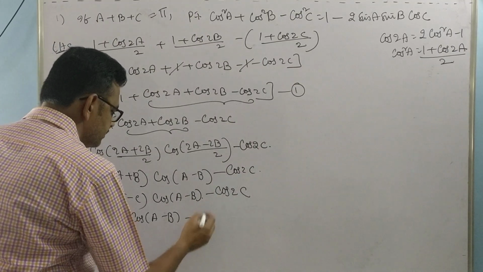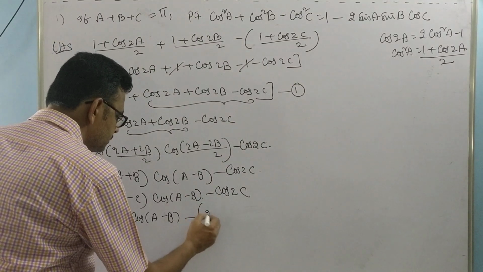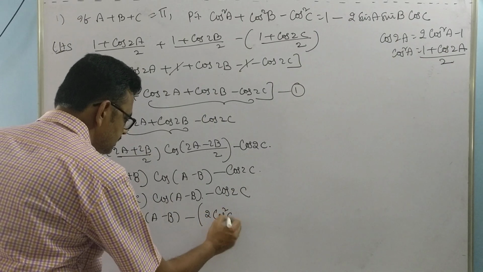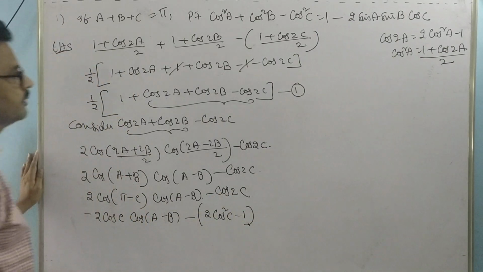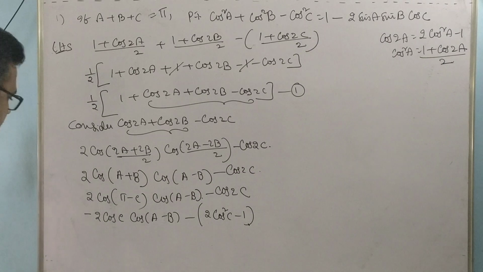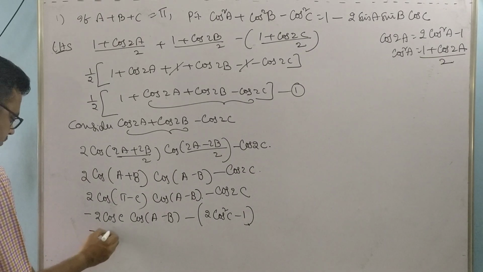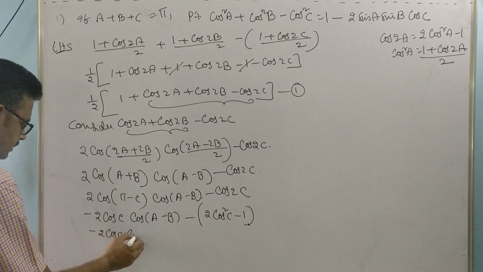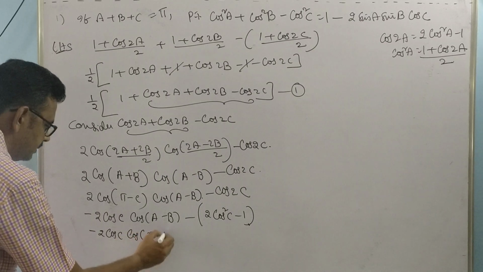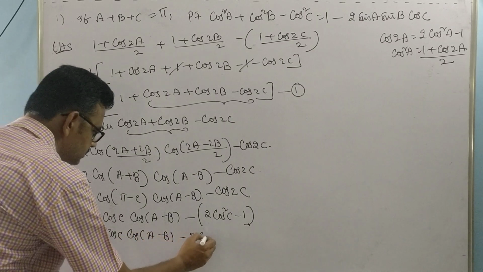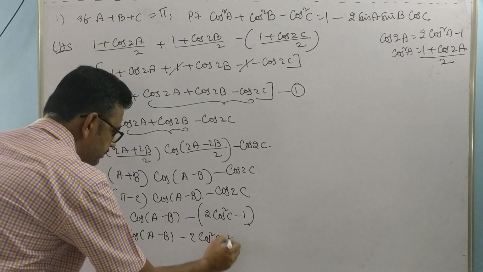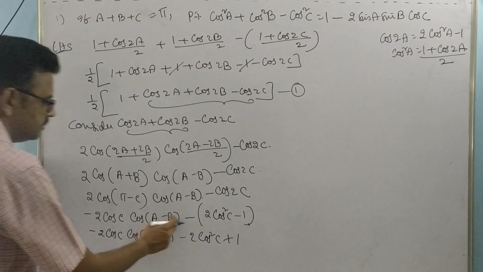Cos of pi minus C, cos of 180 minus theta is minus. So this is minus 2 cos C into cos of A minus B minus cos 2C. Write cos 2C in terms of cos: 2 cos square C minus 1. So this is minus 2 cos C into cos of A minus B, minus 2 cos square C plus 1. Minus of 1 is plus 1.